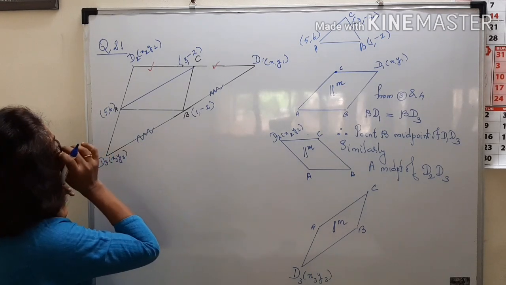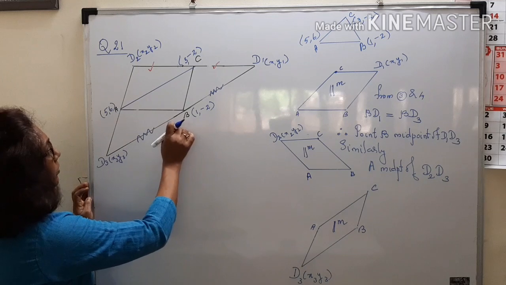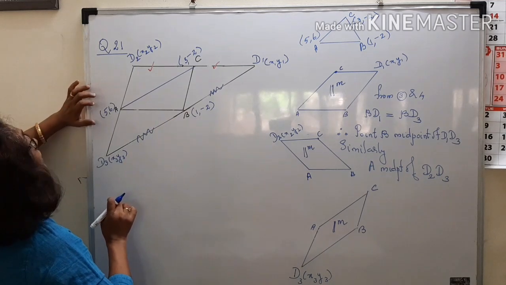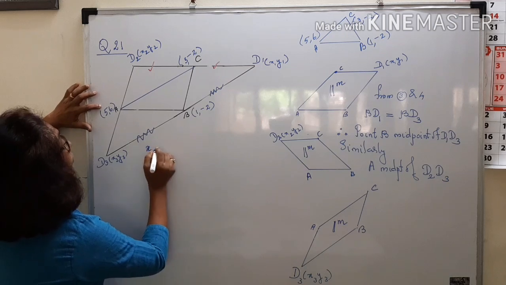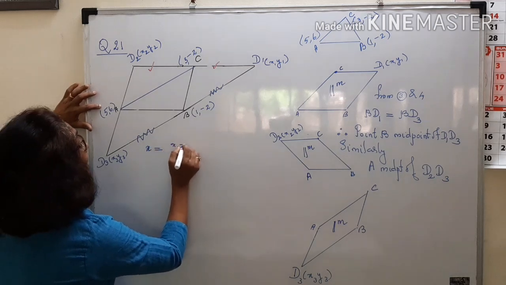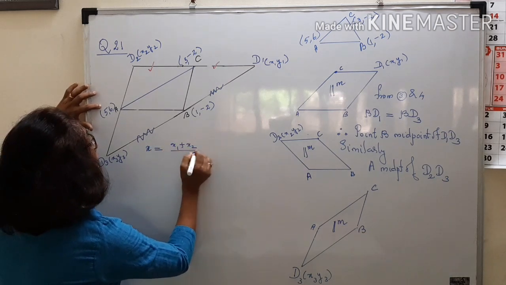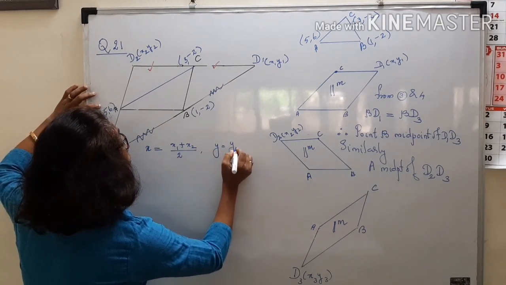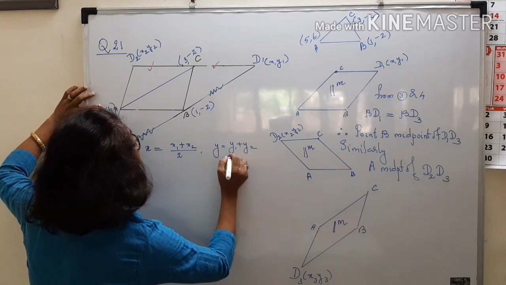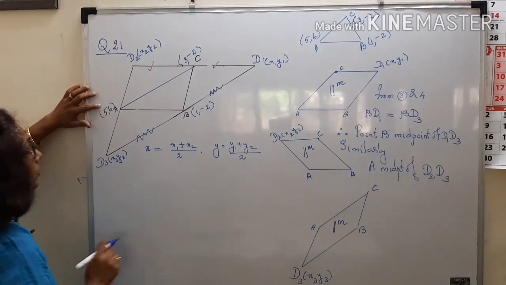coordinates of the vertices. Say for example, if A is the midpoint, what is the midpoint formula? X is equal to x1 plus x2 divided by 2. Y is equal to y1 plus y2 divided by 2. I am going to apply this.